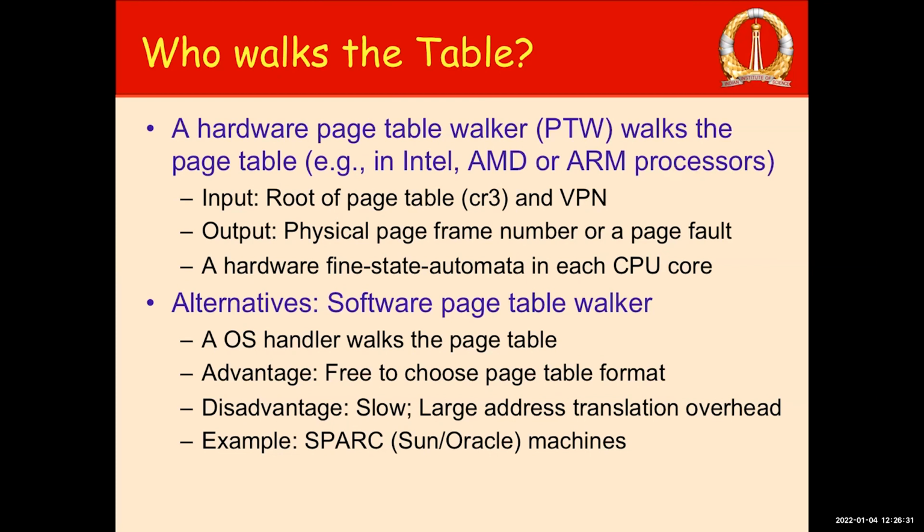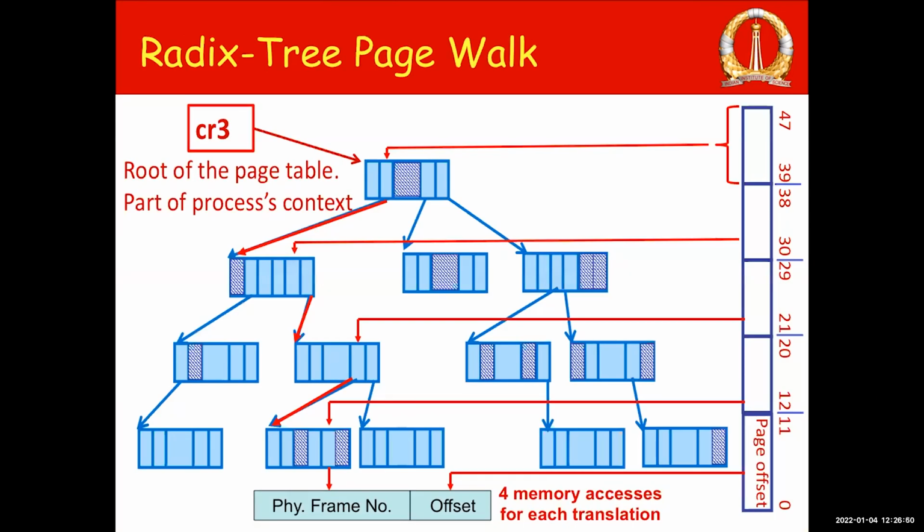There could be a load instruction from process 1 and a load instruction from process 2. Those two page walks could be done in parallel. Obviously, the walk for a single request is sequential because you have to go through the tree. You can't just do this in parallel.